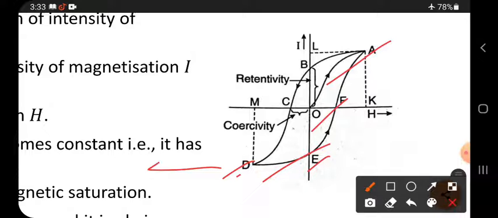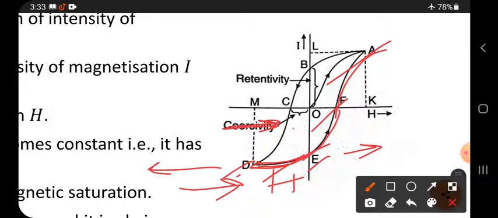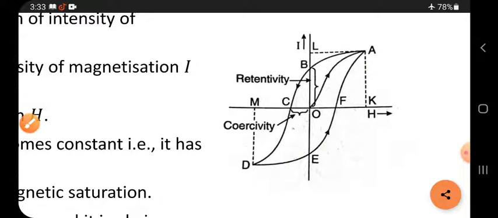After increasing the H value in the reverse direction, now slowly we have to change the H value in the positive direction. While it is increasing in the positive direction, the graph reaches from D to E, then E to F, and then F to A. So this side has positive values. Finally it forms a closed curve, or closed loop. This is what we call the hysteresis loop.